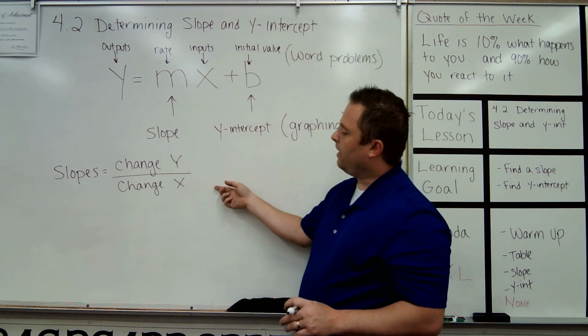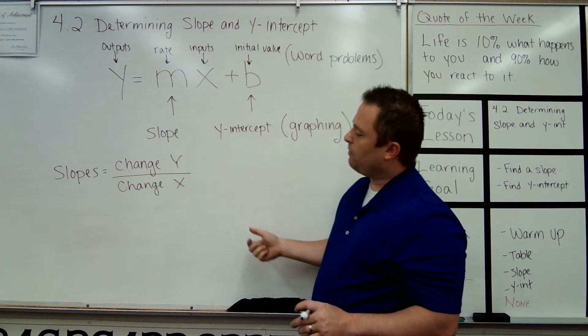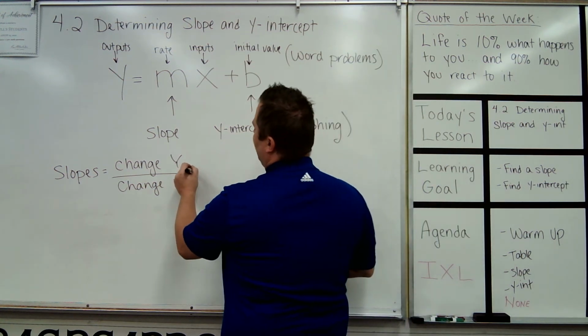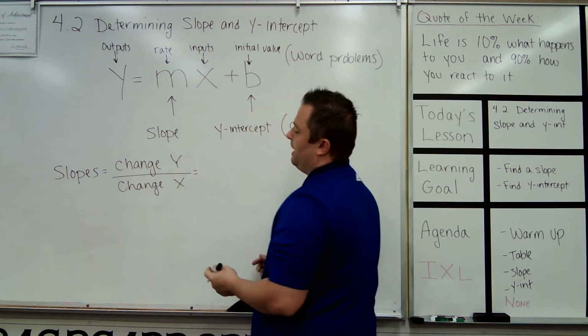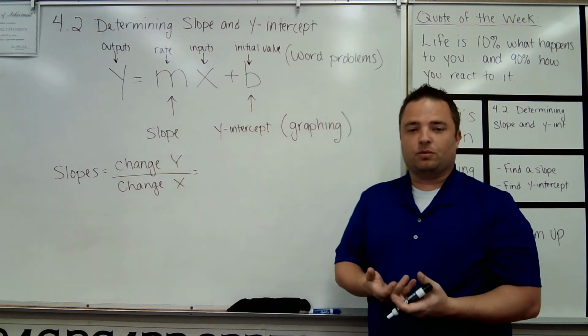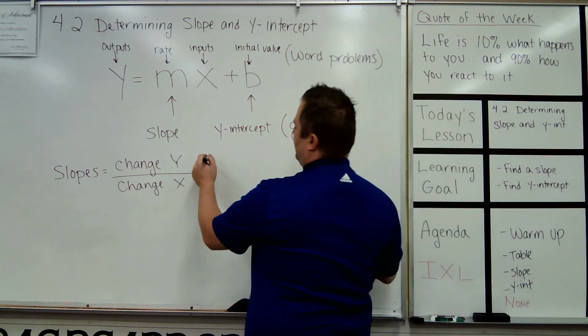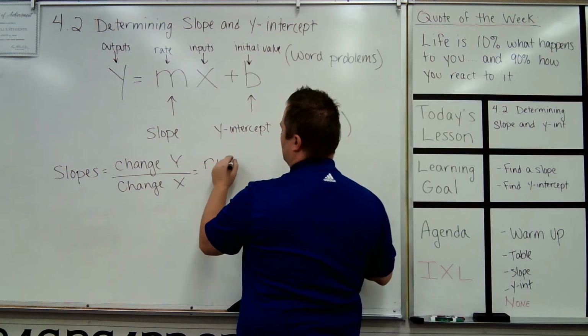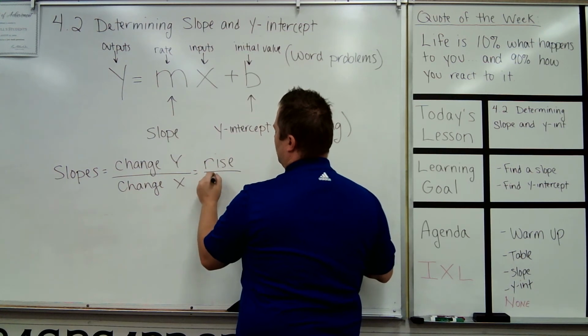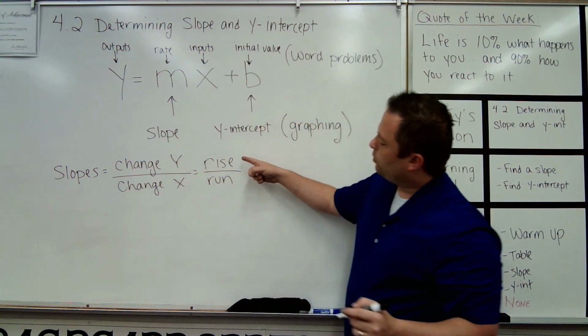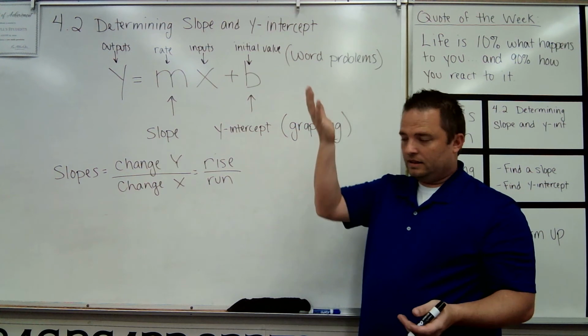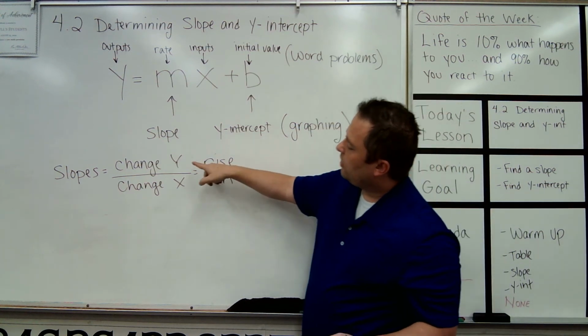From here on out, we're going to have an easier way to remember this. We're no longer going to say the change in y over the change in x because we like to make our lives easier. We're slowly becoming mathematicians. We want to be lazy. We're going to call this the rise over the run, which means the rise, like a sun rises, is how much our y's are changing.